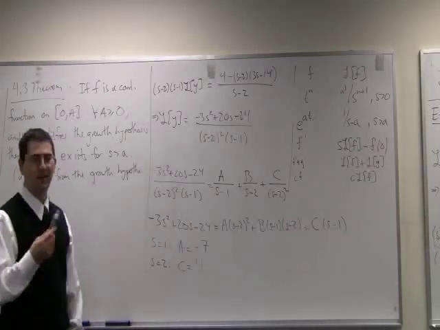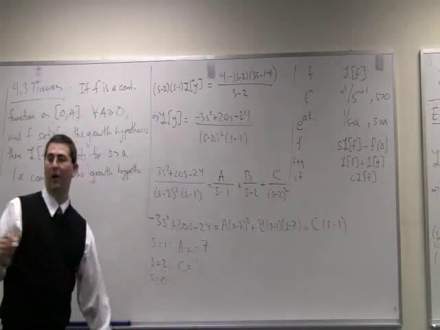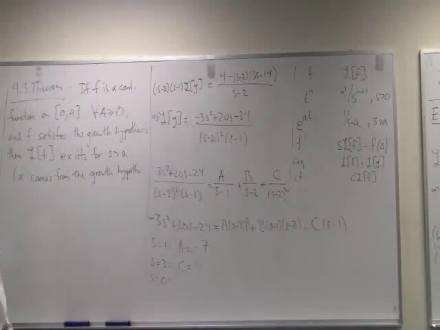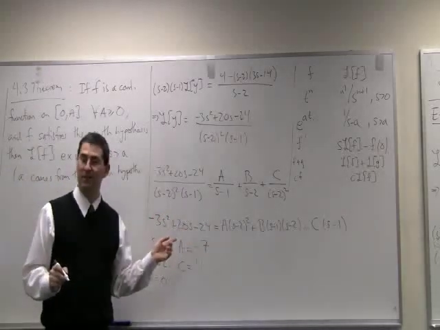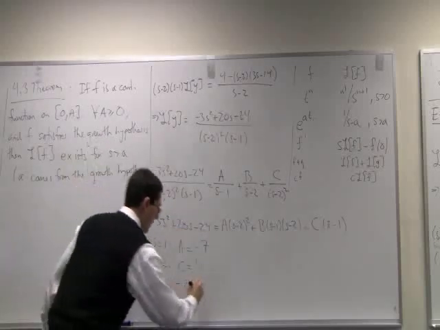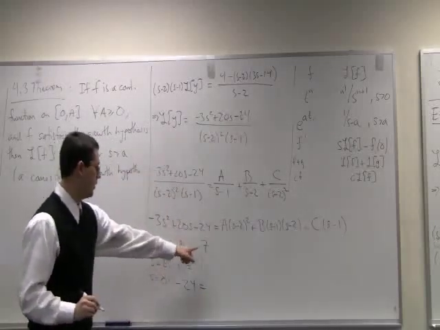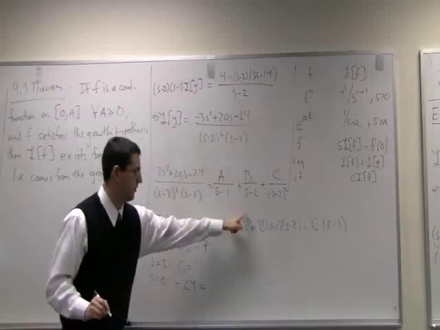But there's kind of an easy thing to try, which is s equals 0. Why s equals 0? Well, s equals 0 at least makes this left side really easy to compute. You get minus 24 on the left. And on the right, you know what a is. It's minus 7. And when s is 0, this becomes 4.